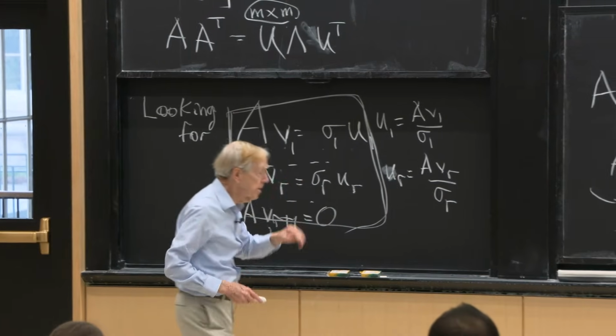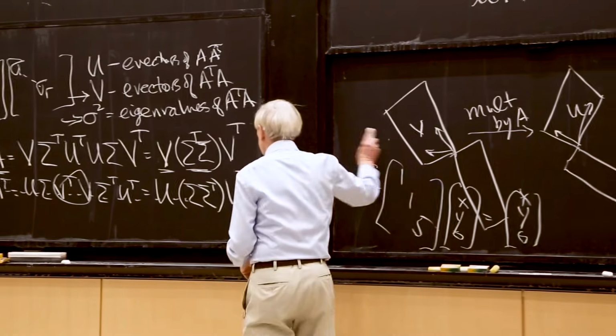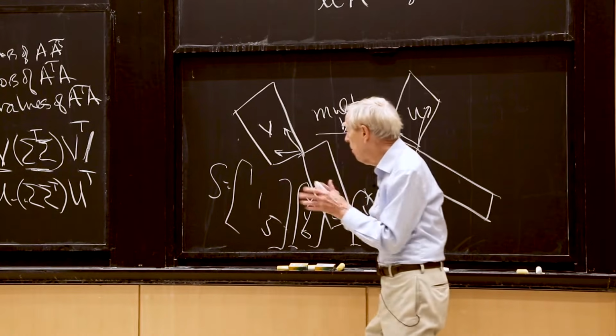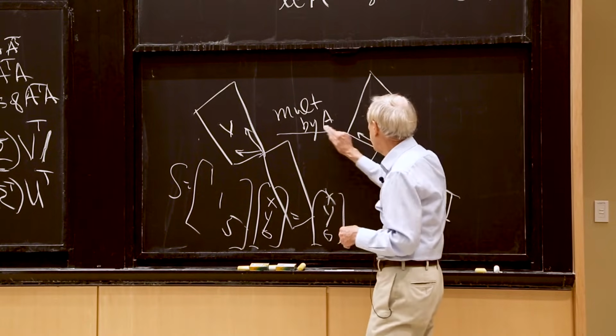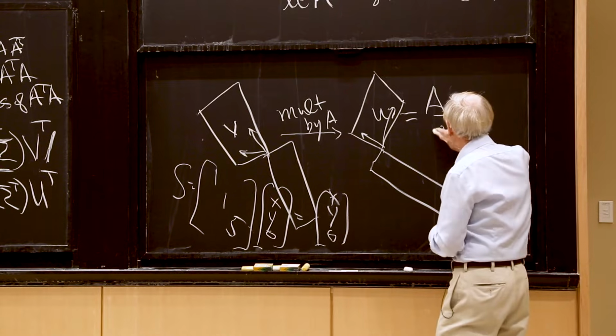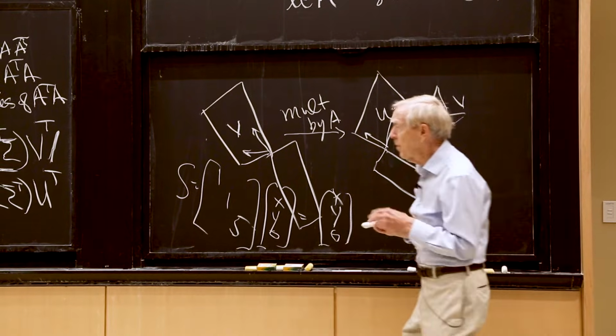And that's what goes in this picture. The V's, I've got orthogonal guys, because they're the eigenvectors of a symmetric matrix. Pick them orthogonal. But now I'm multiplying by A, so I'm getting the U, which is AV over sigma for the basis vectors, and I have to show they're orthogonal.